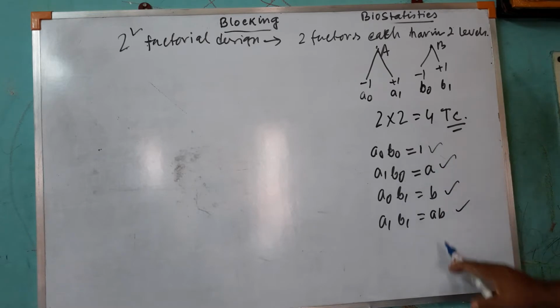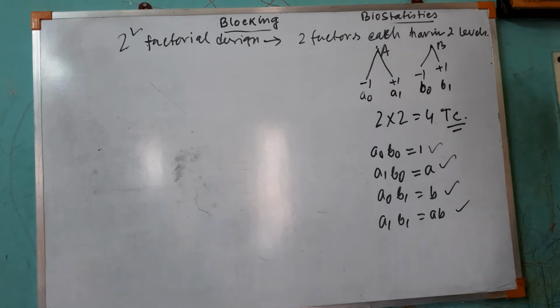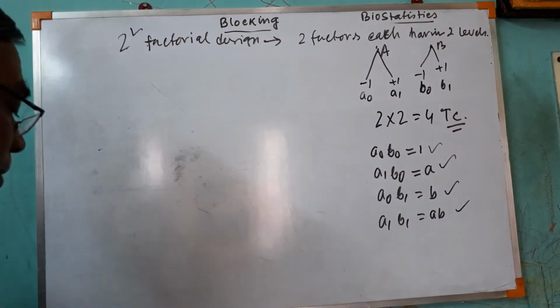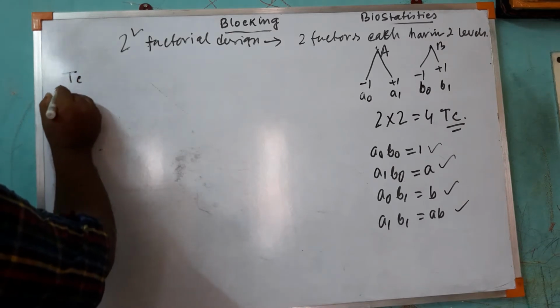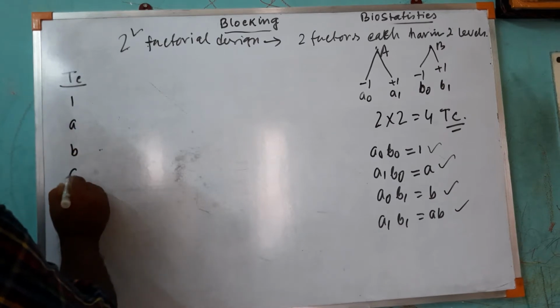So we have to assign these 4 treatment combinations into blocks. So let's see how we are assigning these 4 treatment combinations into blocks by using a sign table. So I am writing first TC, treatment combination, that is 1, A, B, then AB.